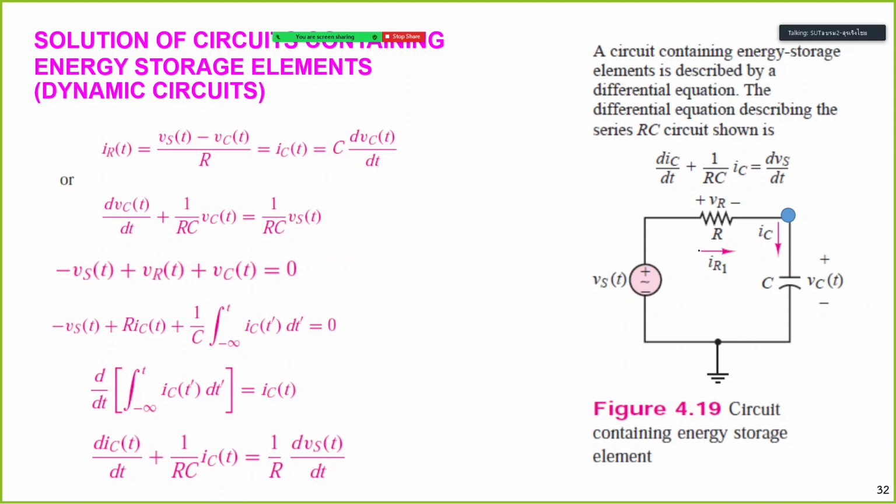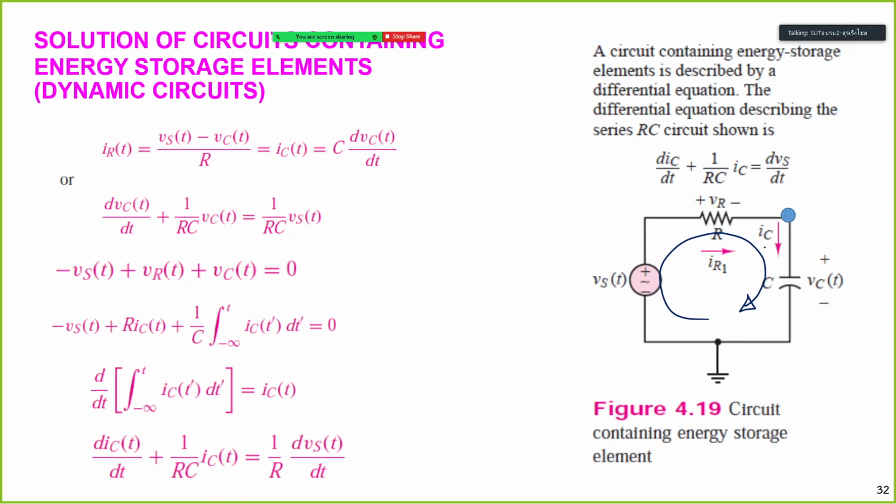For example, if we just have the KVL here, the current flowing in this is IC, and in this case IR equals IC, for example.